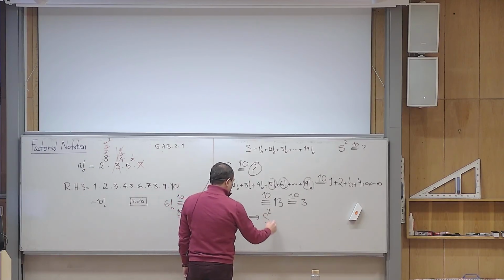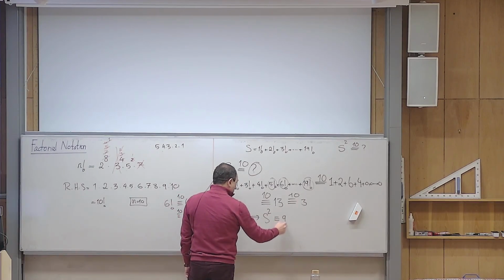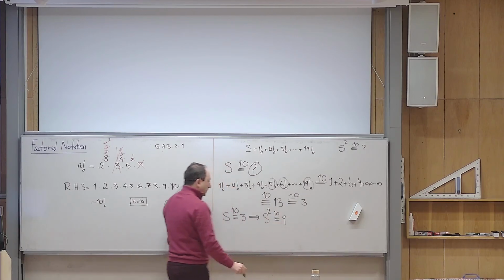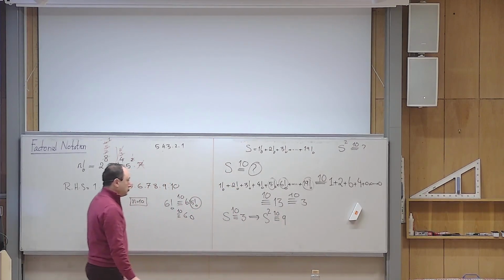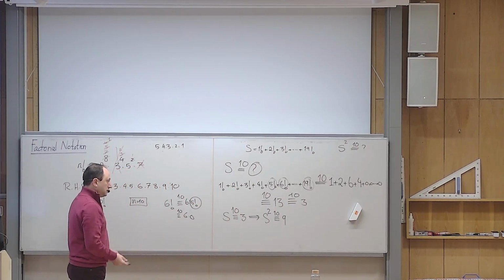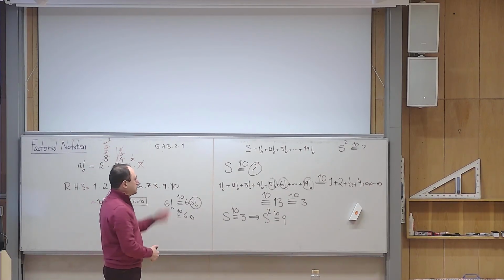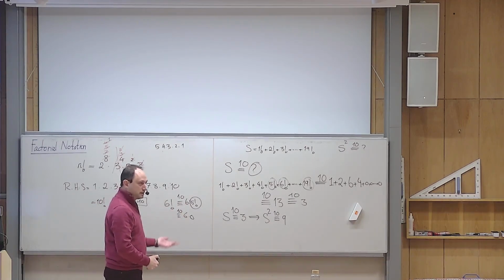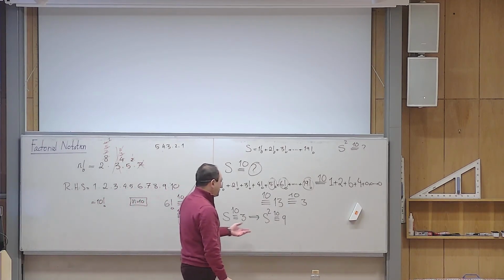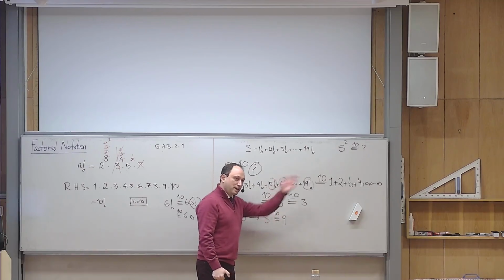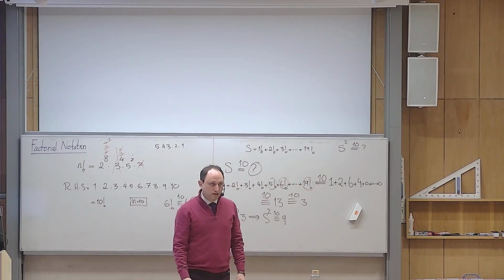So this becomes S to the power of 2 is 9 modulo 10. And I don't need to simplify 9 more because 9 is acceptable. So this means the answer to the question is 9. So if you calculate S, square it, if we haven't done something wrong, the units digit of that number that we get is what? It is 9.